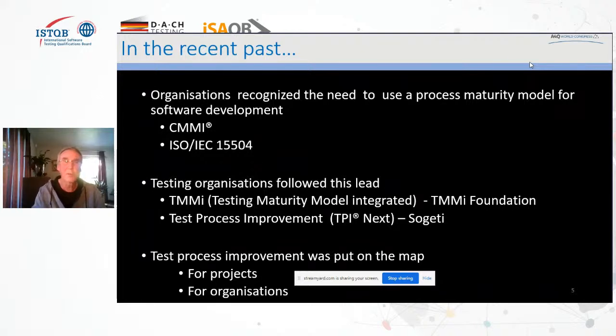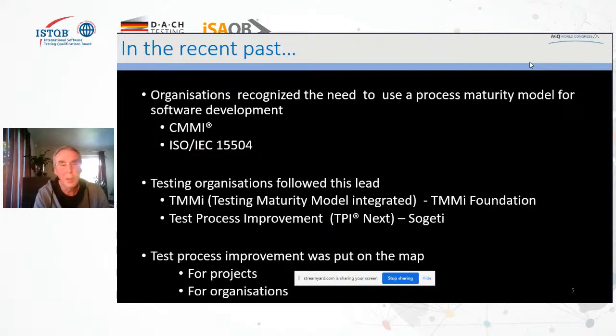So those were kind of the responses to the dark days when there was no way to actually find out what your process was like and improve it. What they did was they actually succeeded in putting the subject of test process improvement onto the map.